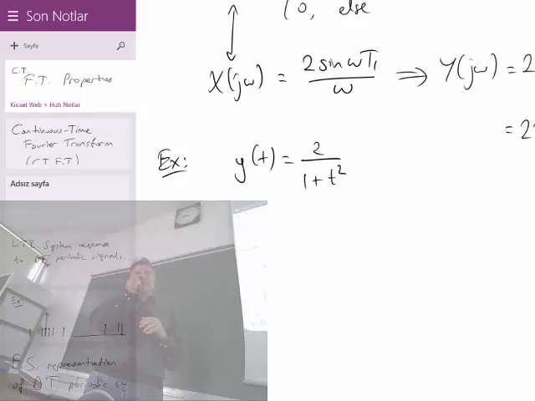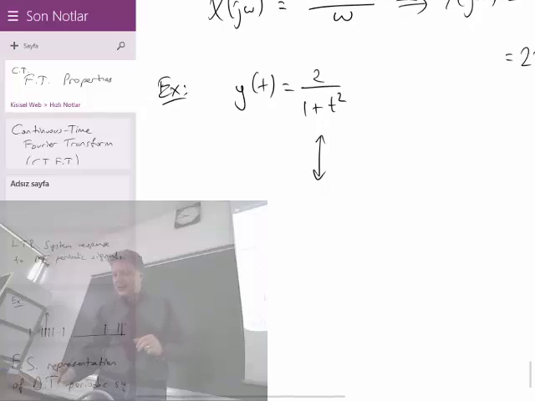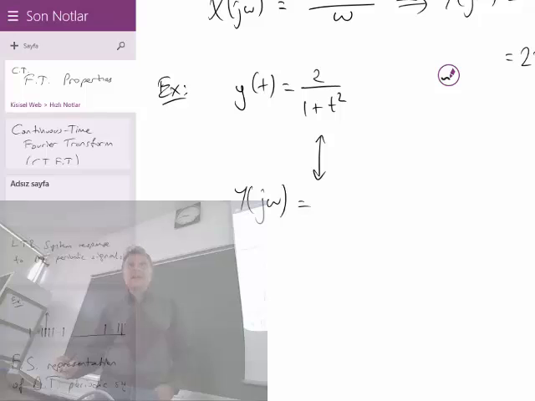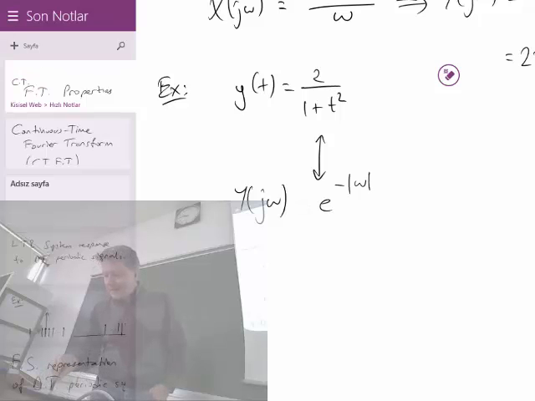So, what is the Fourier transform then? Tell me, without any calculations, just by inspection, tell me what is y of j omega. E to the minus absolute value omega, but that's not enough, of course. We have to multiply by 2 pi.